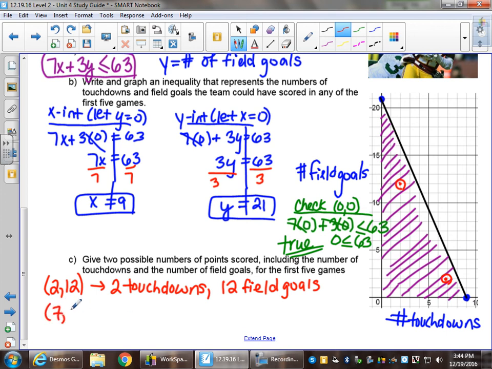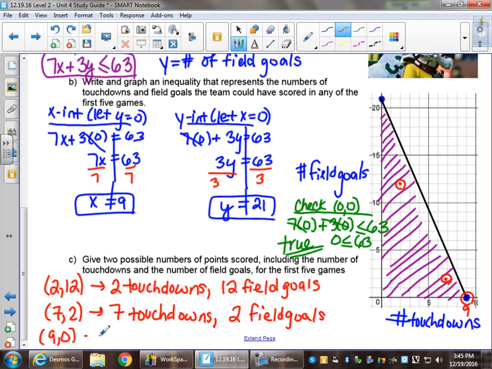7, 2. That would be 7 touchdowns, 2 field goals, and they should hire a new kicker because that would be bad too, right? So you really can pick any 2 ordered pairs you want anywhere in here. You could have picked, this is 9, you could even pick 9, 0.